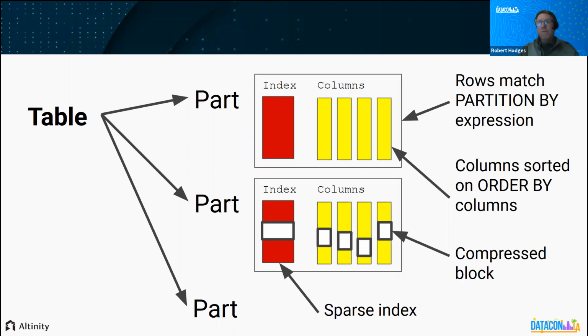When we want to find data and the database recognizes it can use the index, it just searches this index, finds the particular groups of rows it wants to access, and then walks over to the columns. The columns basically have one array that links the rows to blocks of compressed data, and the other file for each column is just the blocks of compressed data themselves.